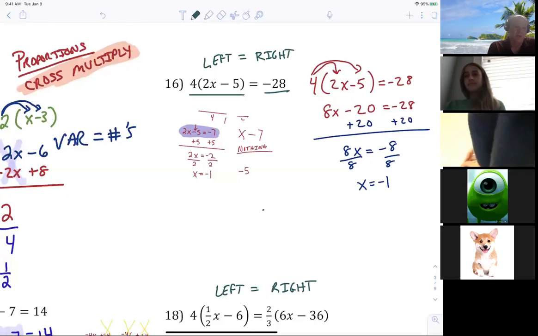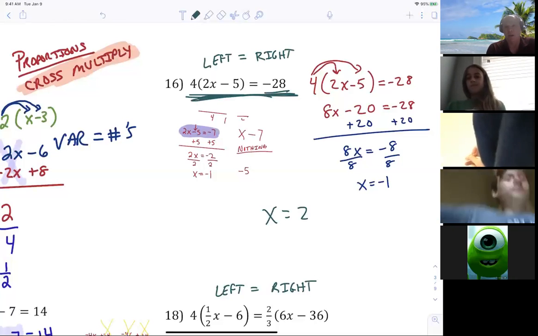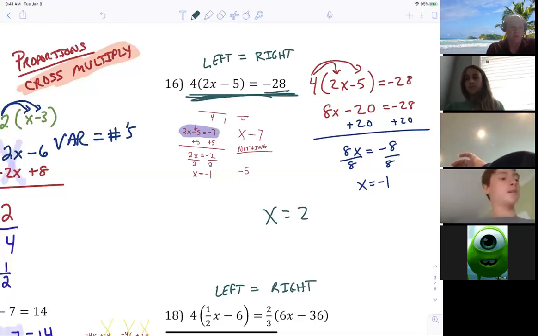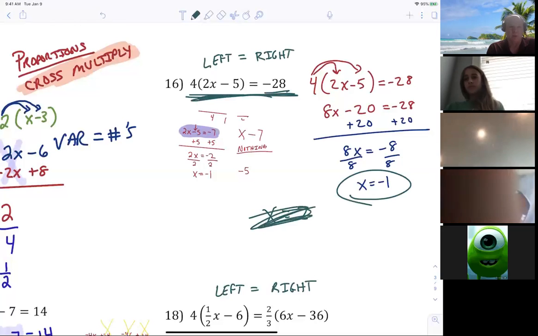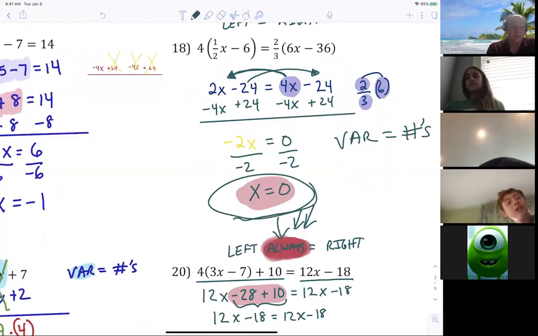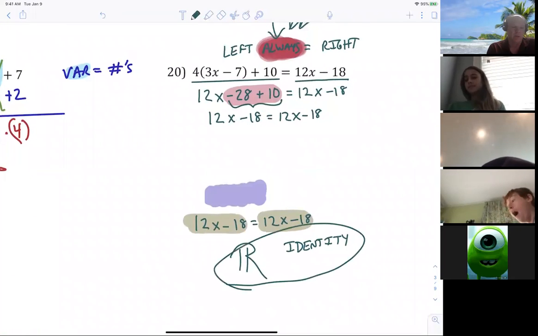What if I said x equals 2? Is this equation going to be true? No, it is not. There's only one number that allows that equation to be true, and that is when x equals -1. Over here, the only time it's going to work is when x equals 0. Here, no matter what number you pick, it's always going to be equal.